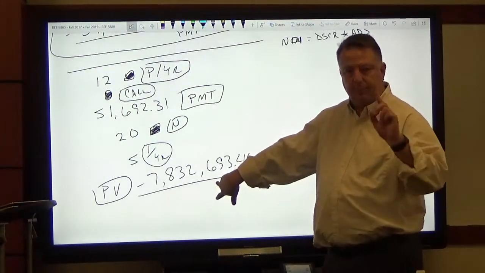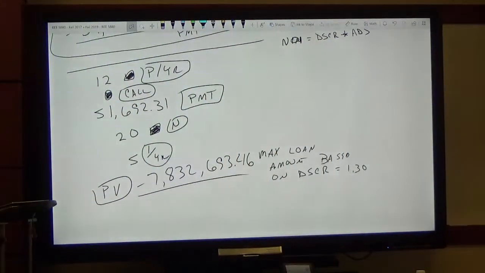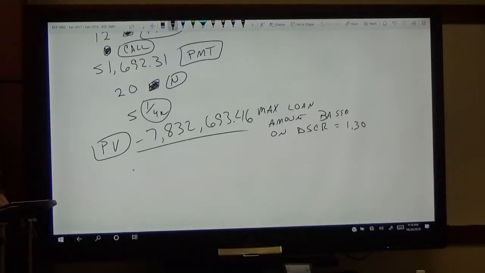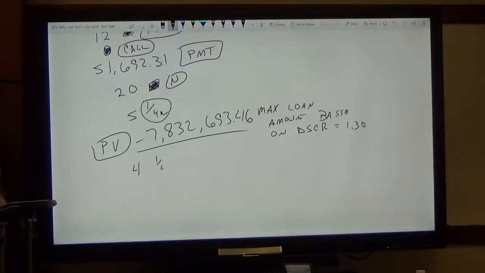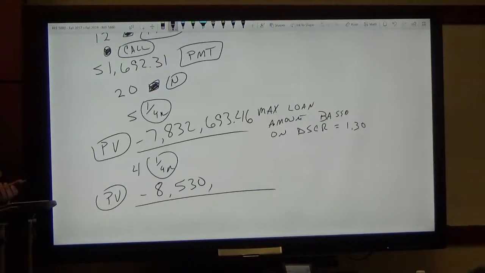Now, everything is subject to potentially change or negotiation. So what if you walk down the street to another lender and everything else is identical, except they're willing to give you a 4% interest rate instead of the 5%? So 4%, resolve the present value: $8,530,361.05.